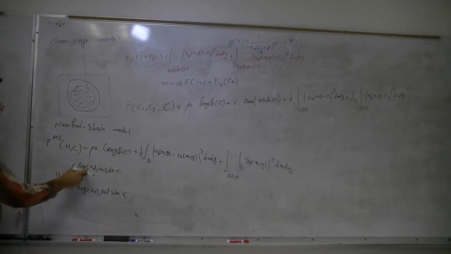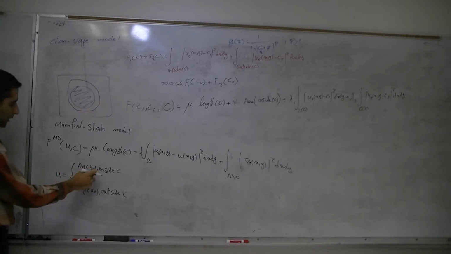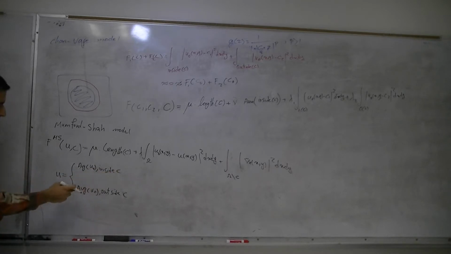This u function has a value equal to the average of c1 where the point is inside C, and this is the average value where the point is outside C.